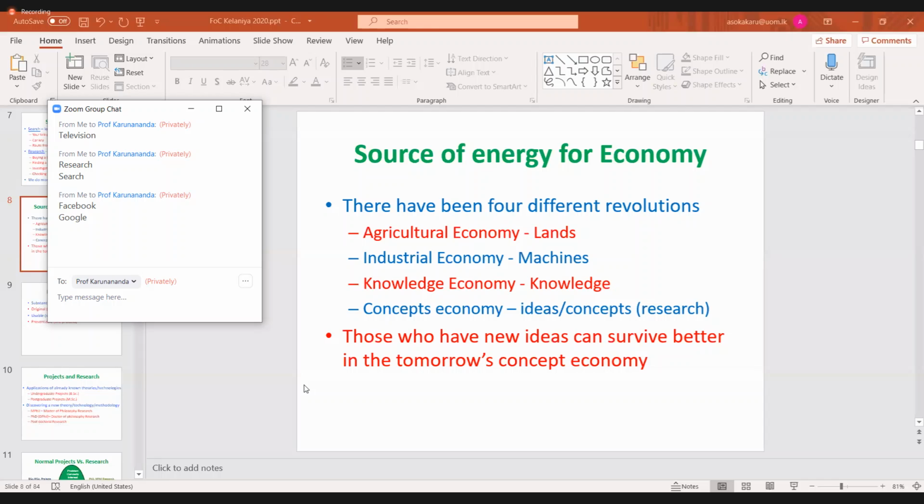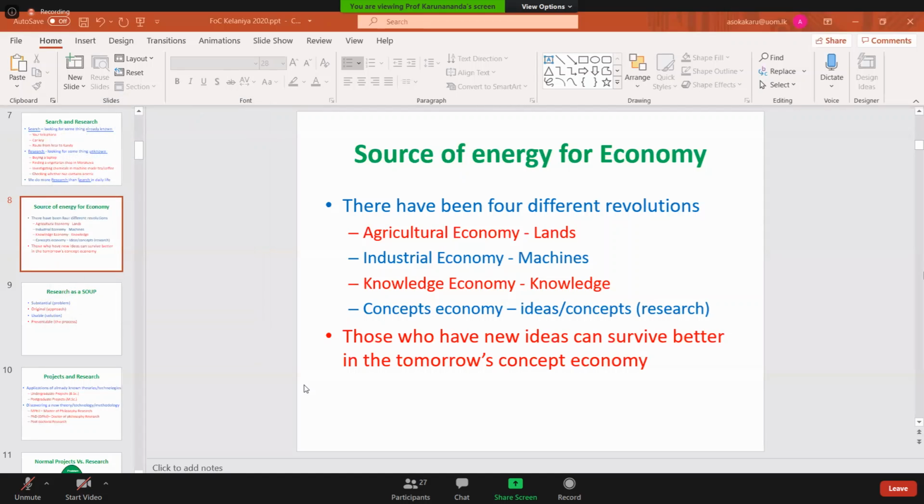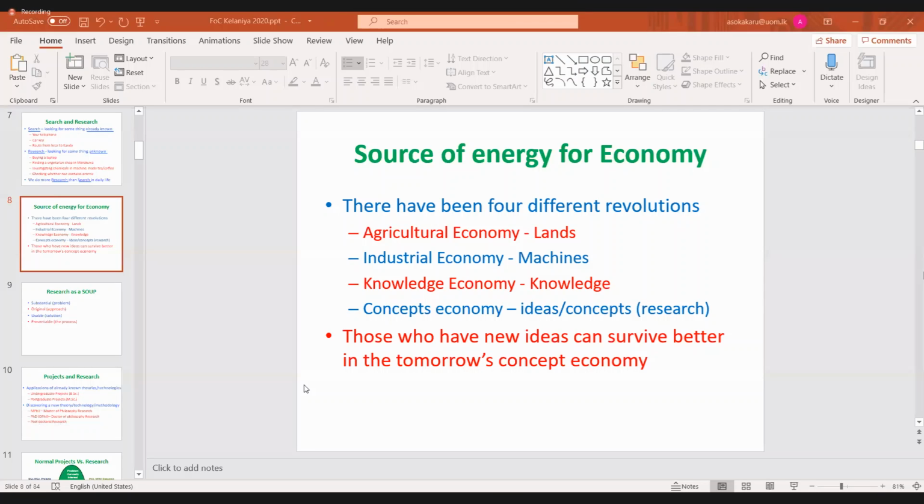Your future will be decided by how many new ideas you can have. Having new ideas means you are able to do research. Put an asterisk and write it: in order to have new ideas, you must be a researcher.